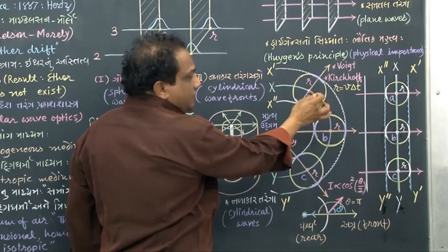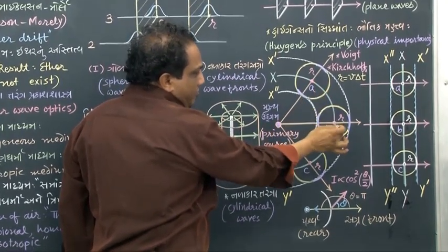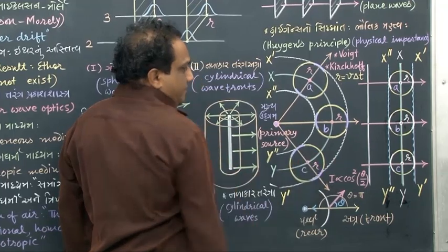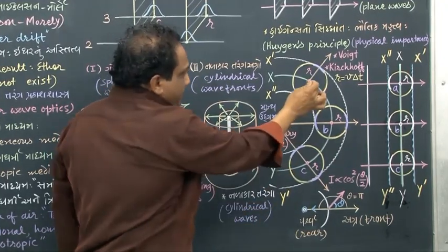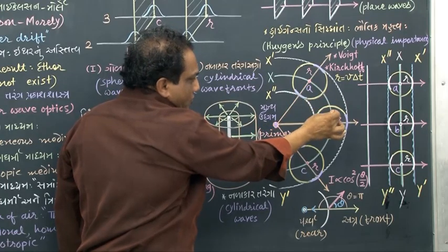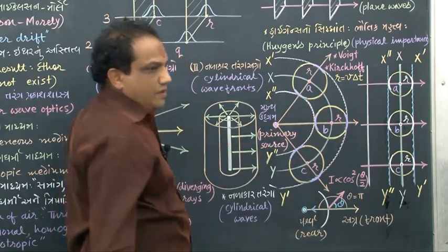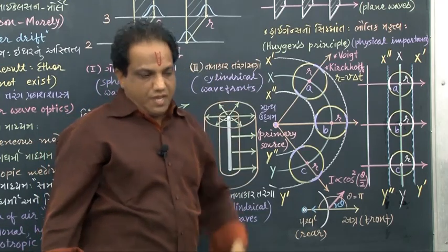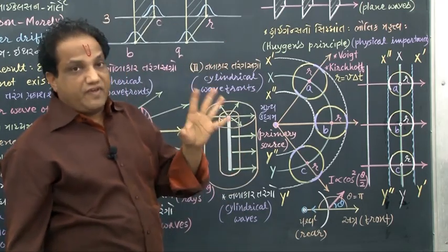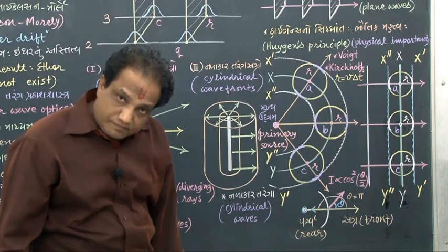Here I have considered only 3 points, say point A, point B and point C. Mr. Huygens had proposed that each and every point or particle on any wavefront behaves like a self-independent secondary source, and it emits secondary spherical waves.